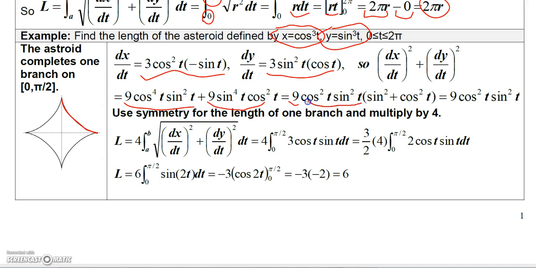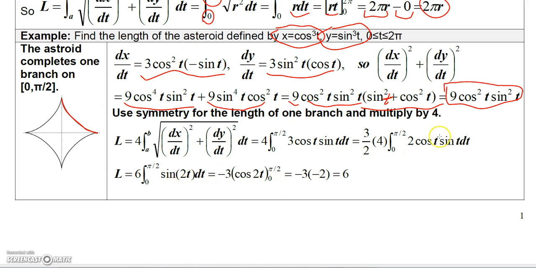So if I factor cosine squared t and sine squared t out of each term, then that's going to leave me with a cosine squared t and a sine squared t here. So I'm going to have sine squared t plus cosine squared t there, and we know that's 1. So the result is just going to be 9 cosine squared t sine squared t, and so that's what I'm going to put in the radical.